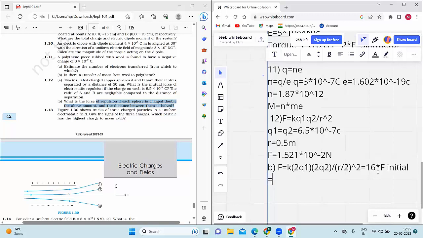So it will result in the value 24.336 into 10 power minus 2 Newton.